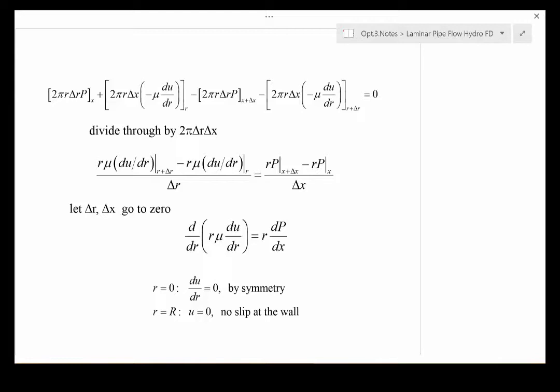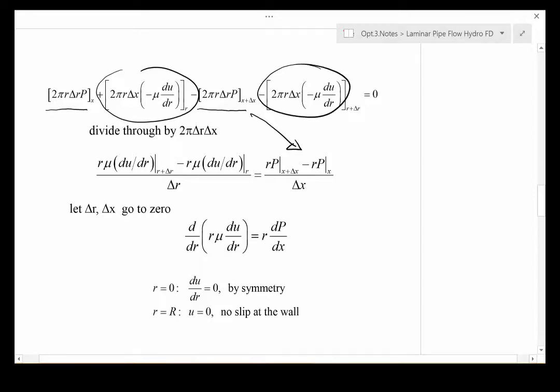There are different ways of thinking about this. All we're really doing is asking the question, what is, for example, 2 pi r delta r p at x minus 2 pi r delta r p at x plus delta x. So we pull these over here. We pull our shear terms to this side.